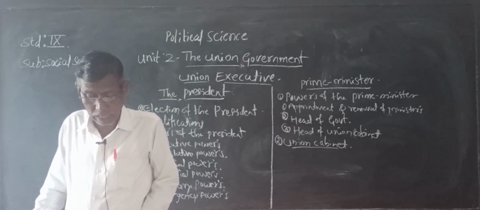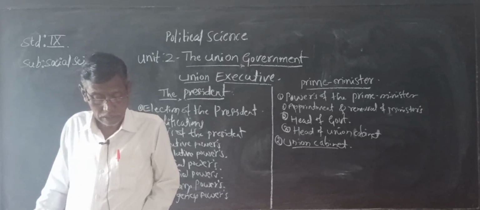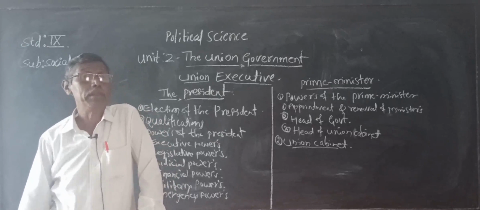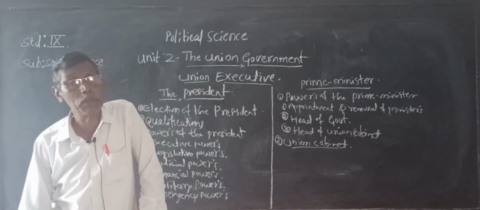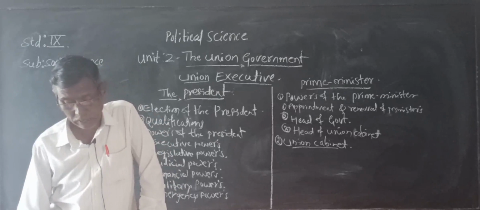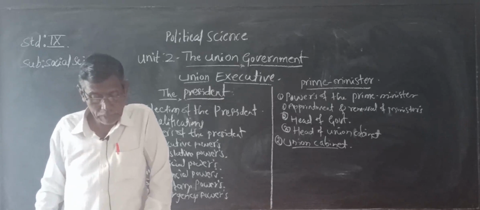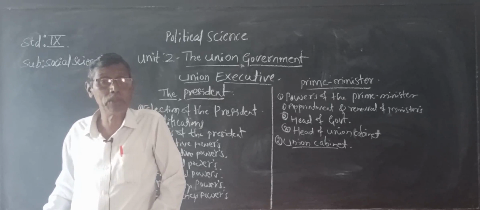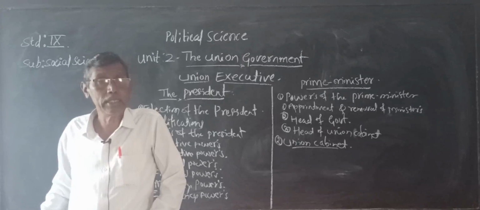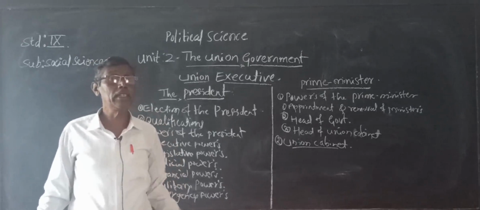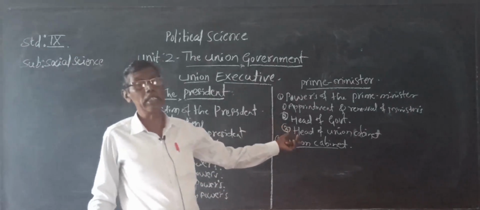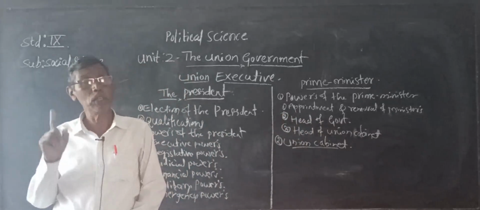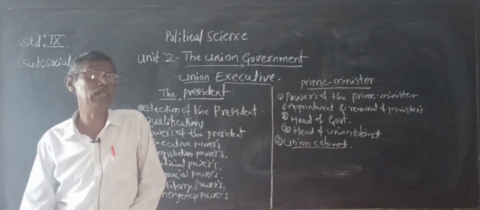The Cabinet has two kinds of responsibilities. The minister of every department is responsible for the administration of his department. If he is handling defense, he is responsible for the administration of his defense ministry.